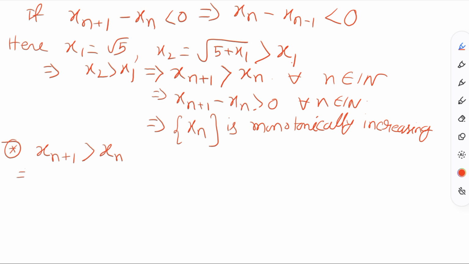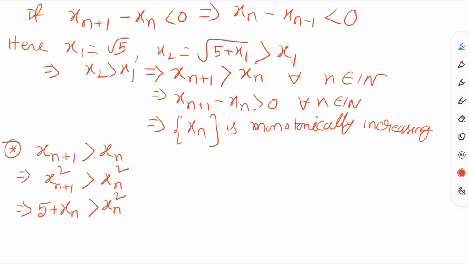From this line you can write xn plus 1 square greater than xn square. Again, the value of xn plus 1 whole square is 5 plus xn, greater than xn square.